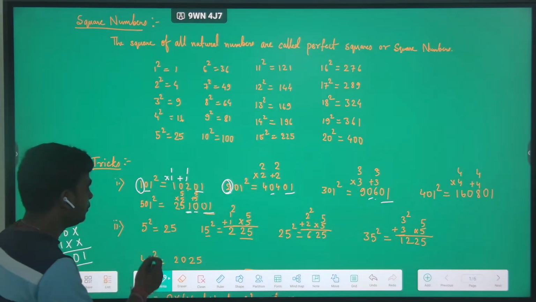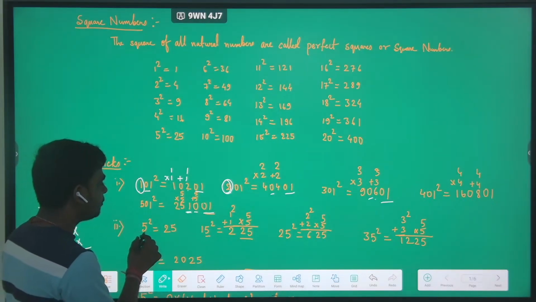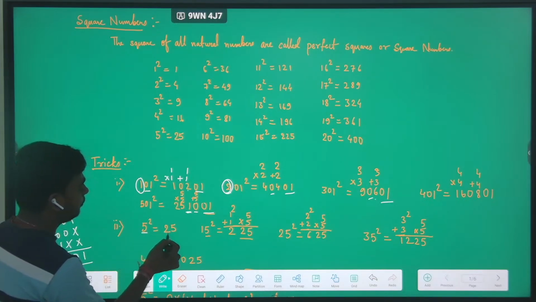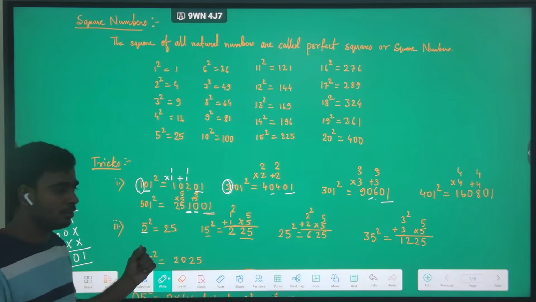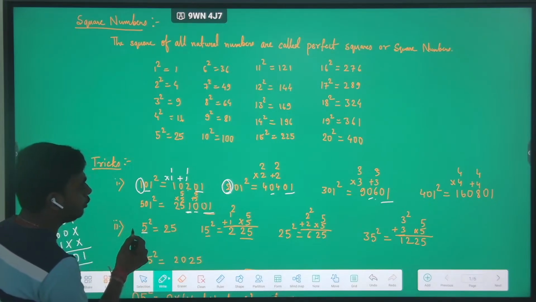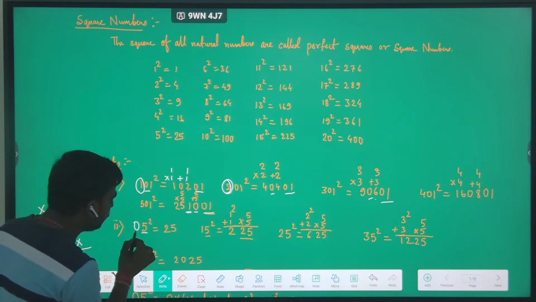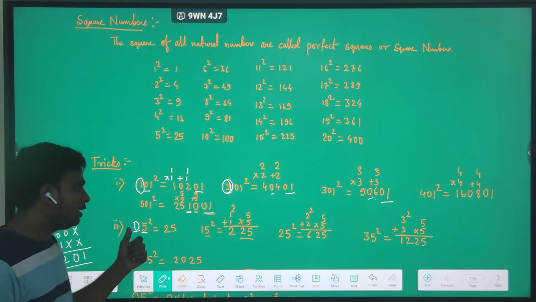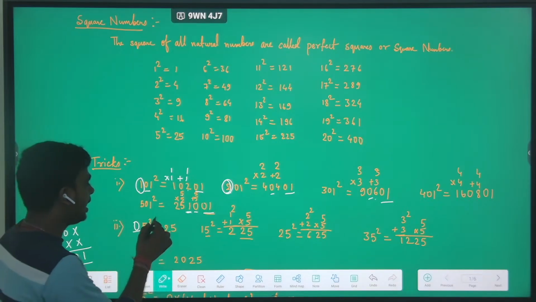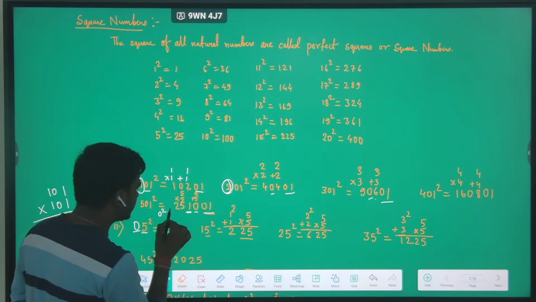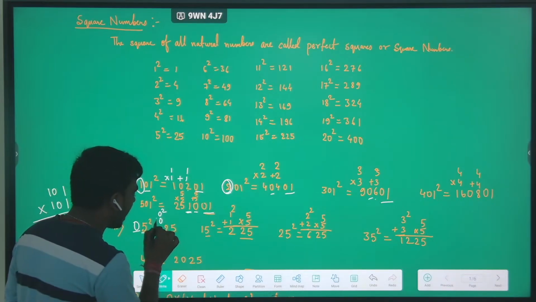First of all, we square this 5 here. We will get 25. And after that, the number before this 5, we will square this number, and after that, add this number.